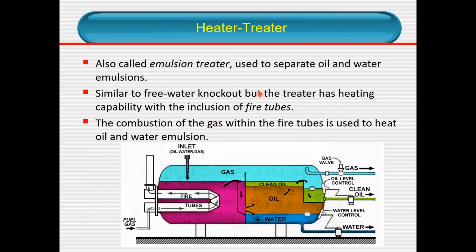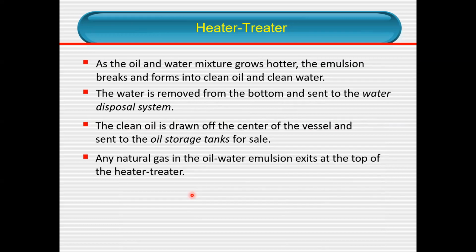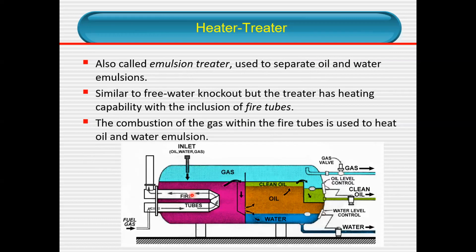If it is a lot more difficult to separate the oil and water, you need a separator that has the facilities of a heater, so that with heat, emulsified fluid can be separated easily. Sometimes even without any chemicals, with heat alone, you can separate the emulsified fluid, so that you have water and oil separately. That is why we need a heater treater.